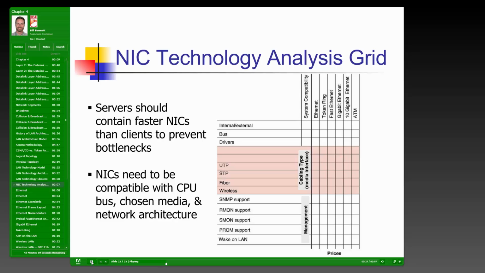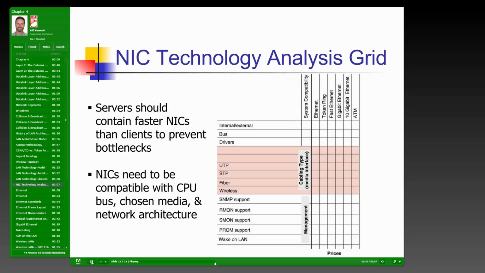So that means, in modern day, we're talking about, is it 32-bit or 64-bit? The chosen media has to be compatible with the NIC. It would have to have an RJ45 jack on the back of the network card to be able to have a Cat5e cable plugged into it. If you're using an older thinnet network, then you would have to have a BNC connector.